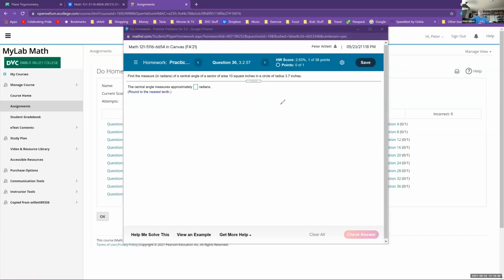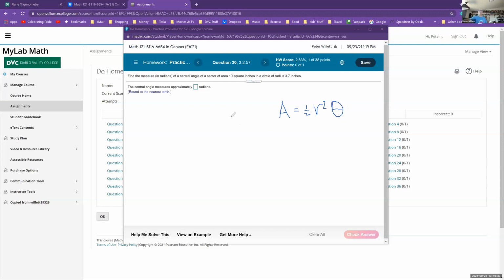Sorry for the mouse drawing, but the area is equal to 1/2, and then we have the radius, and if Chris helps me, we'll remember that we need to square the radius. And then that's multiplied by theta.